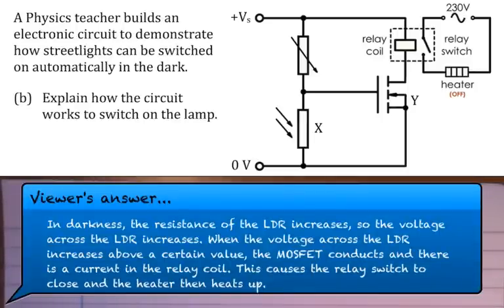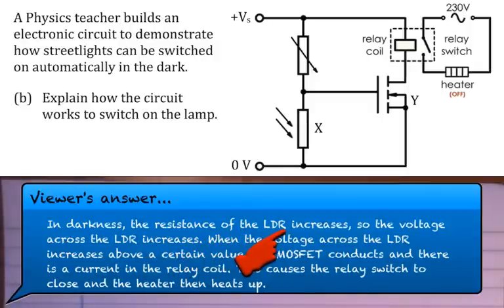So as it says, in darkness, the resistance of the LDR increases, so the voltage across the LDR increases. The important thing is, I'm not just saying resistance increases. I'm not just saying voltage increases. It's really important that you mention the resistance of the LDR.